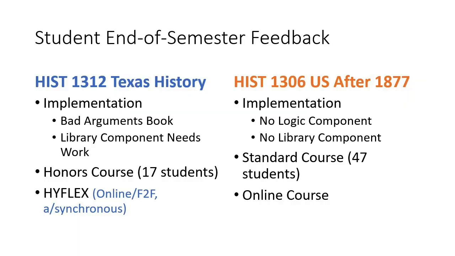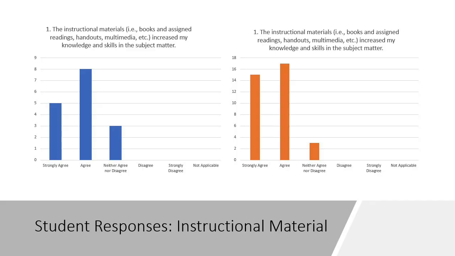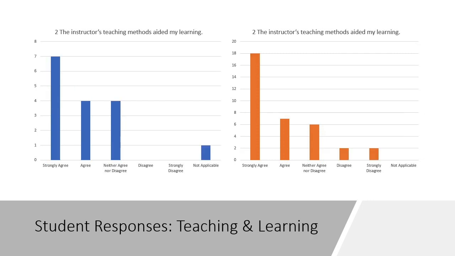At the end of the semester, I asked students in the Texas history class to provide feedback on what they got from the course. I compared this with feedback from students in a much larger course, U.S. history after 1877. Many students in both classes felt that the teaching methods I incorporated were beneficial to their learning.